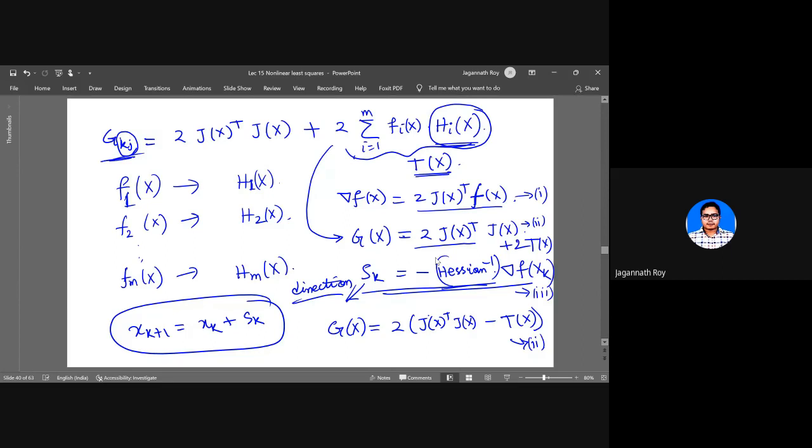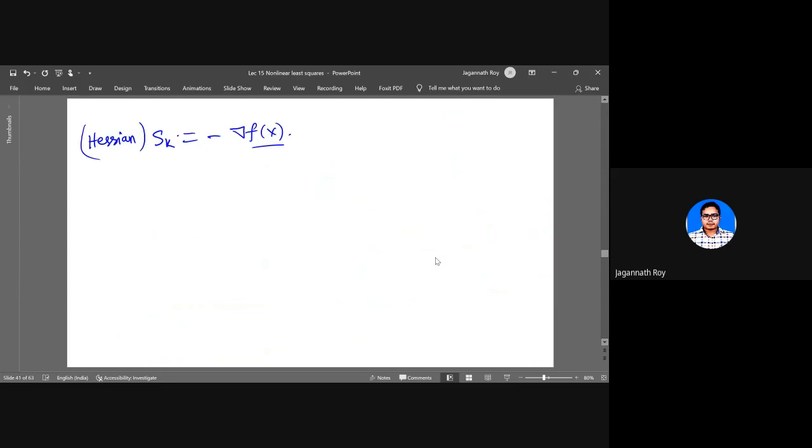So now in this case our Hessian will be g of x.